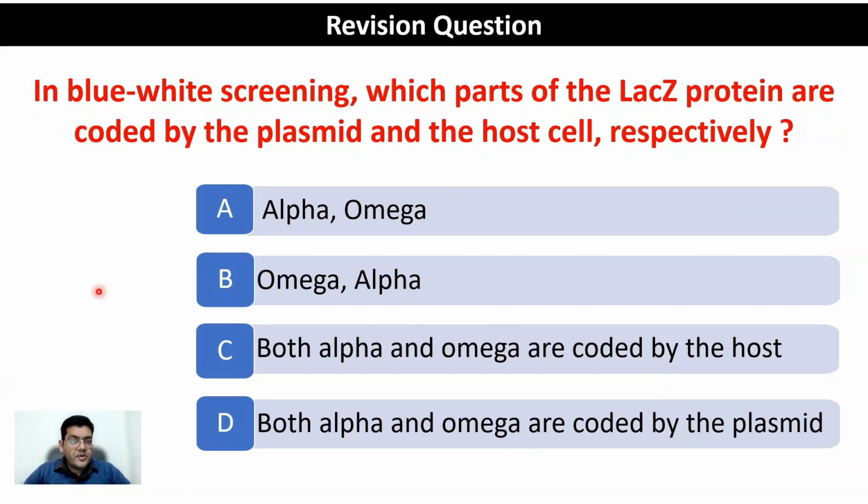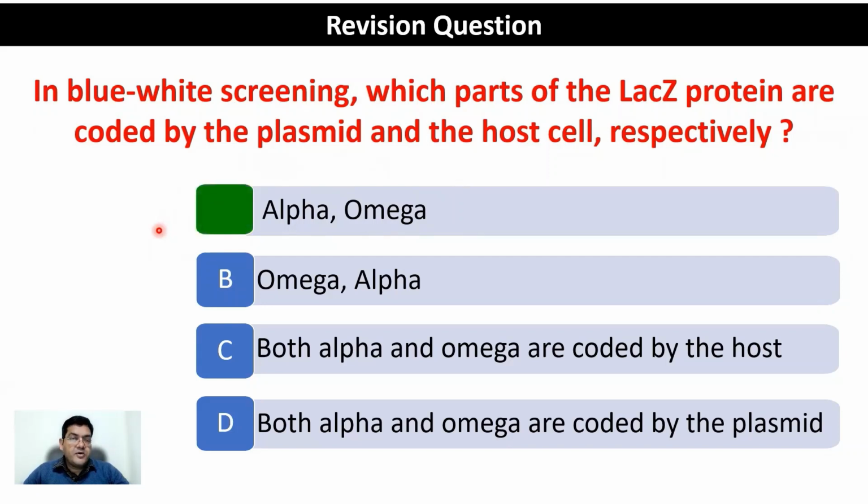So I'm sure you remember that the alpha fragment is what is encoded by the plasmid, and the omega fragment is what is encoded by the host, and the two come together to form a functional enzyme, right? So here you are. A is your correct option.